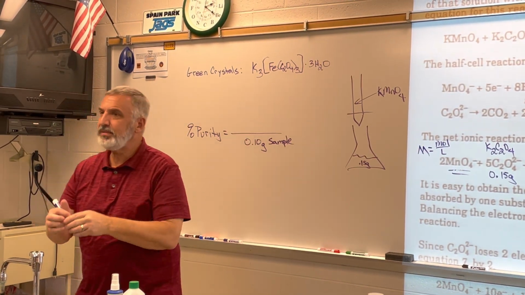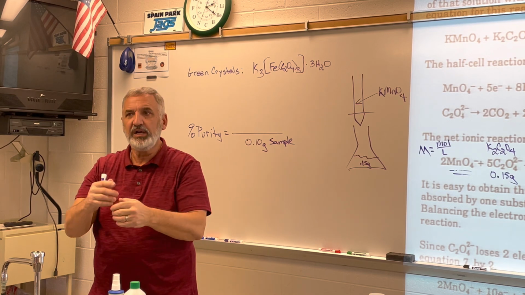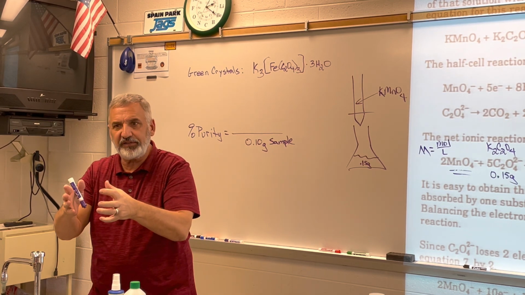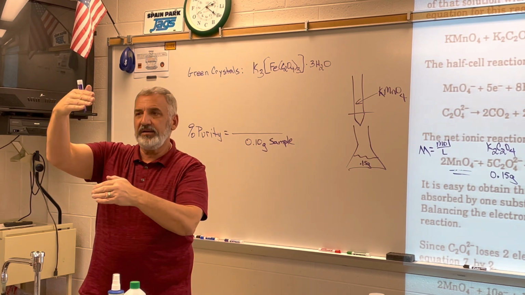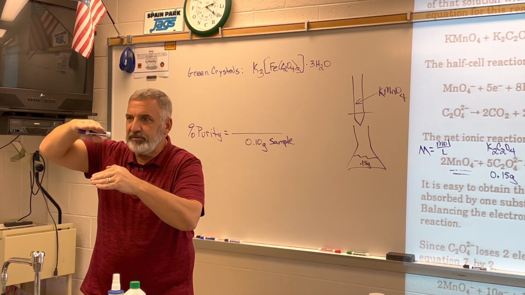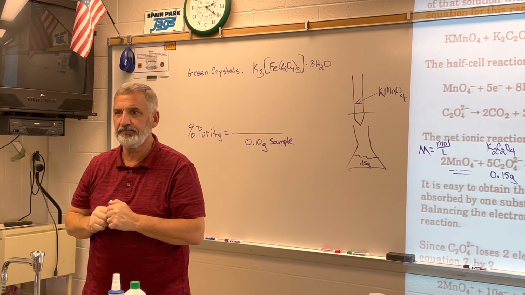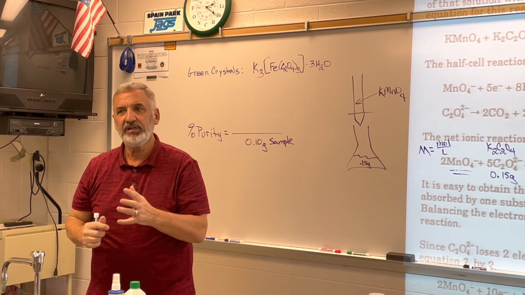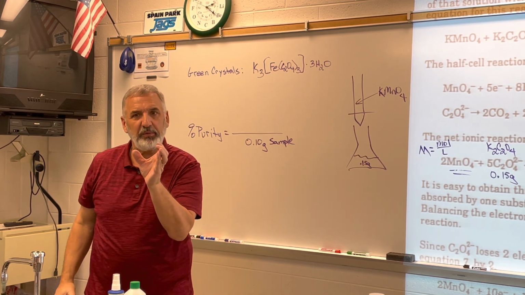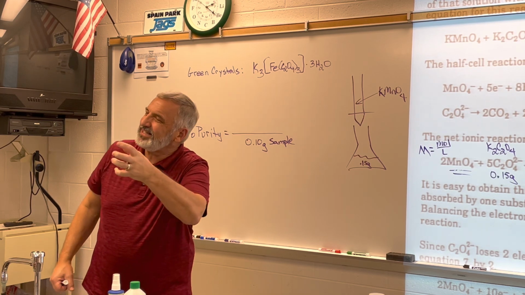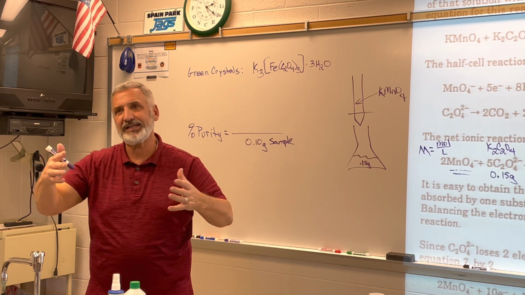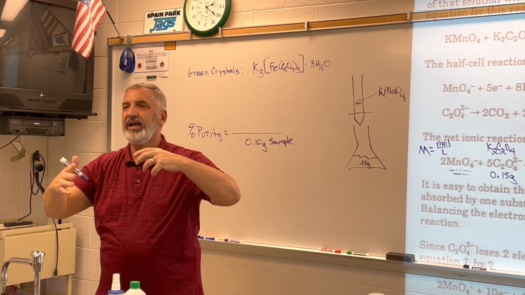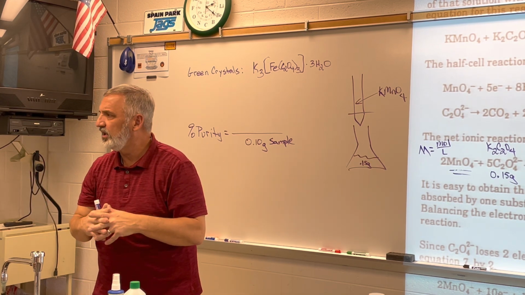Okay? But I did measure it exactly 1.58 grams. I used a 1 liter volumetric flask. I measured it in there, dissolved it, and then filled it up to where the bottom of the meniscus was right on that 1 liter line. Okay? However, KMnO4 is really not what we call a primary standard. It does tend to react a little bit with the water, and it reacts with the CO2 that's in the water, and it's not perfectly pure.